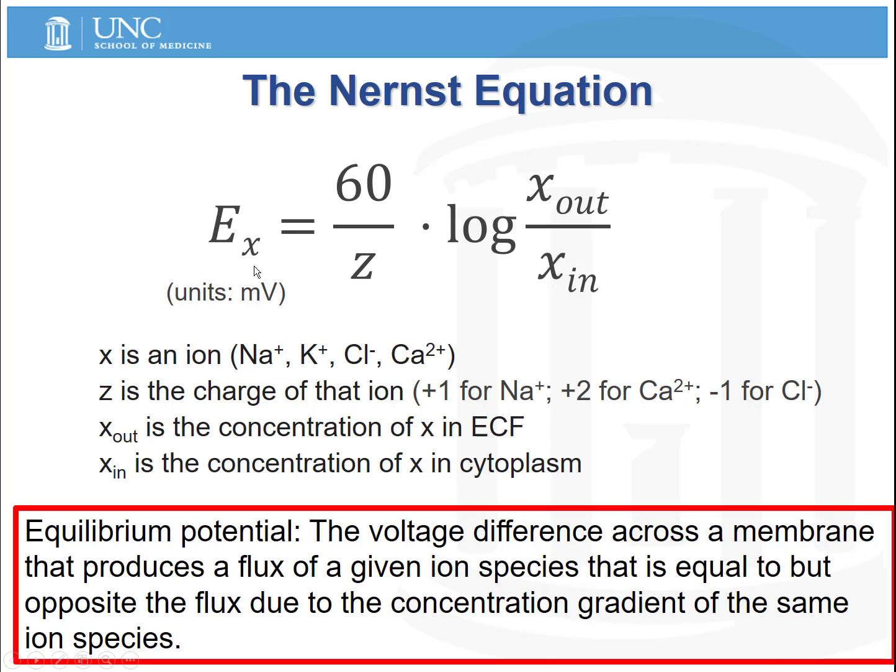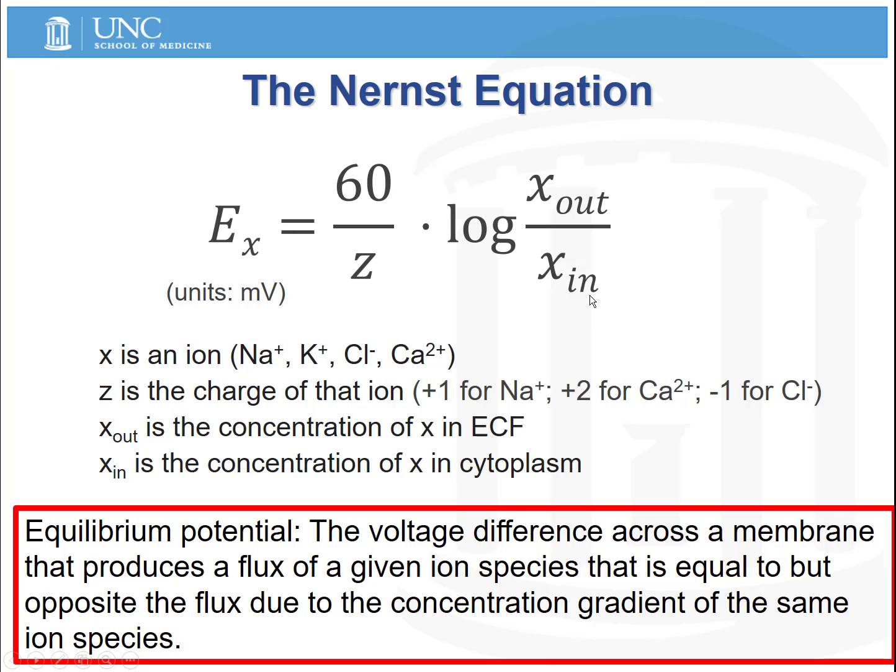And here we're calculating equilibrium potential in millivolts for a given ion X by taking this constant of 60, which takes into account the gas constant and absolute temperature and Faraday's constant. And we're dividing that constant by the charge of that ion and multiplying that number by the log of the concentration of the ion on the outside divided by the concentration of the ion on the inside.